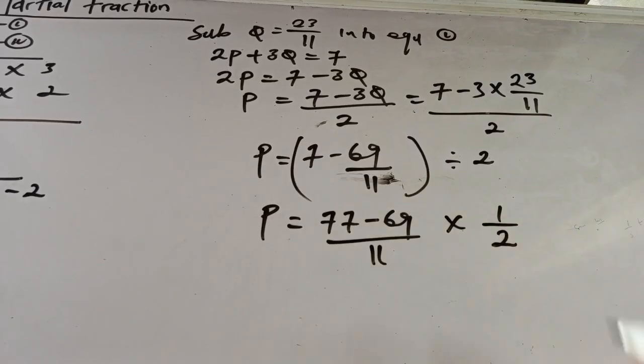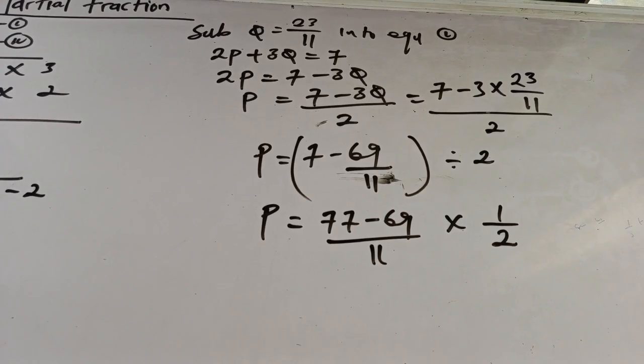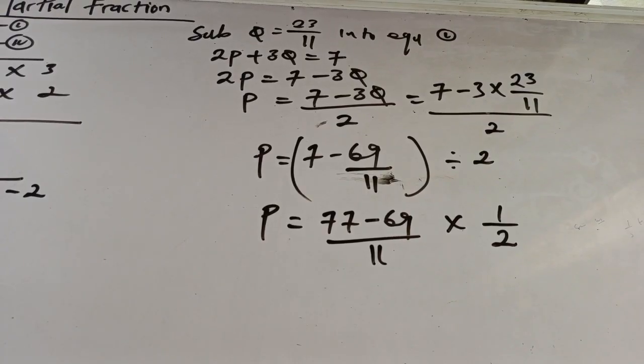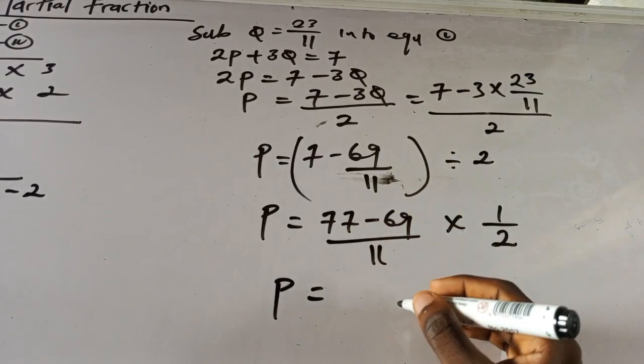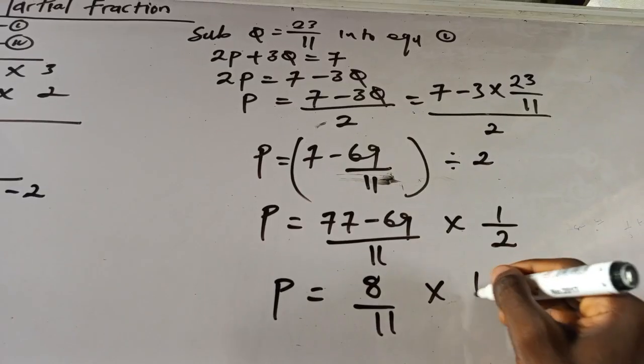Because division we interchange into this. Alright, so next we're going to say 77 negative 69. So we have p is equals to 8 over 11 multiplied by 1 over 2.